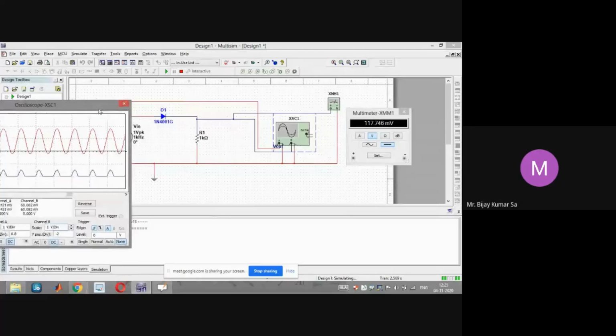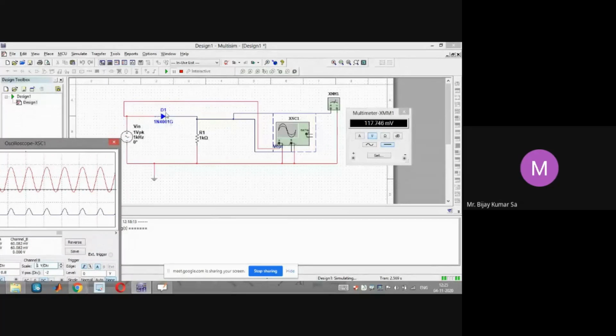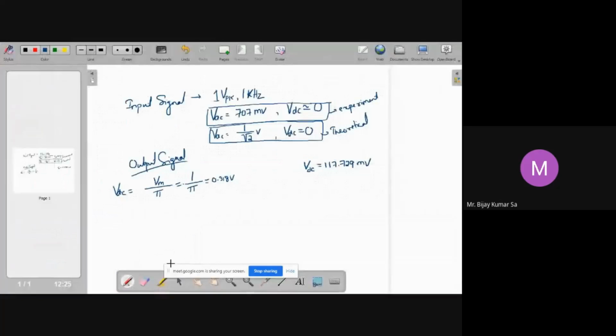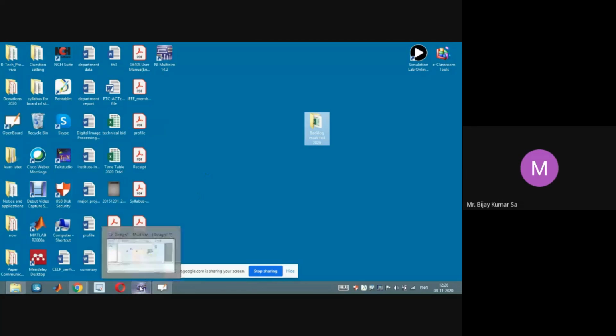You have to take into account the drop across this diode. How much drop is there? 0.7 drop. So this should be Vm minus VTH divided by pi, right? 1 minus how much drop is there across the diode when the diode is on? 0.7 volt.